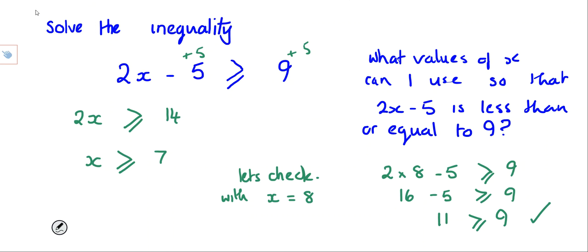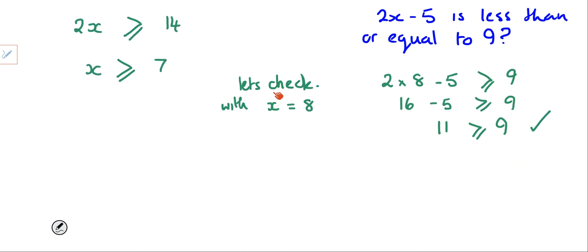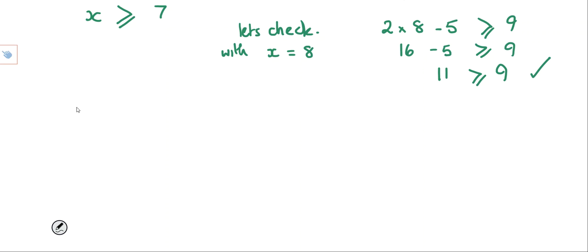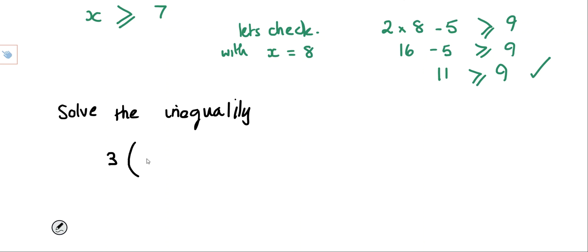Can I give you one to do for yourself? Okay. So if I say solve the inequality, 3 times 2x minus 1 is less than 15.